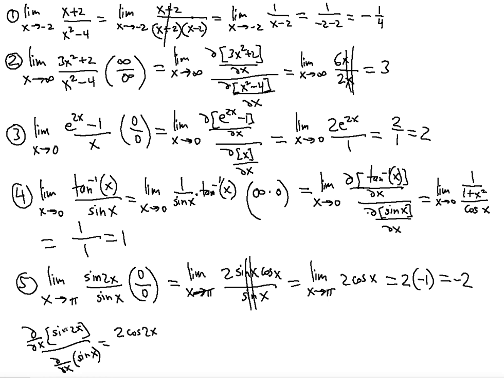The derivative of the outside is cosine, keep the angle the same, and the derivative of the inside is 2. And that would be over cosine of x. That could have been evaluated at the pi angle, because cosine of 2 pi is 1, so that would be 2. And cosine of pi would be -1, so that would give you 2 divided by -1, which is -2. So you would have had the same answer.